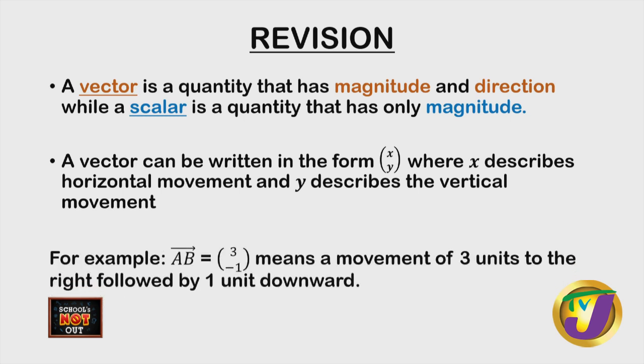For example, vector AB is equal to 3, -1, which means a movement of 3 units to the right, followed by 1 unit downward. So the negative here speaks to a downward movement.